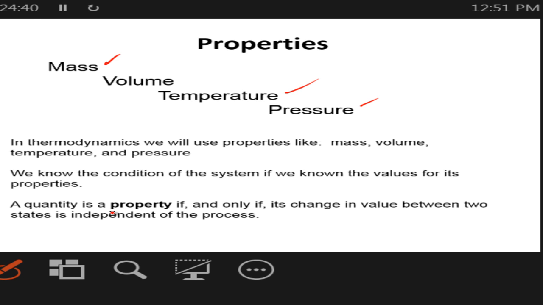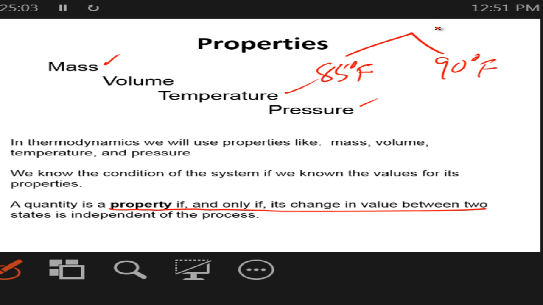Now, a property is a property if and only if its change between two states is independent of the process. Say today it's some temperature out. I don't know, let's say it's 90 degrees F is the high today. Yesterday the high was 85 degrees F. That change in the property is 5 degrees F. True?